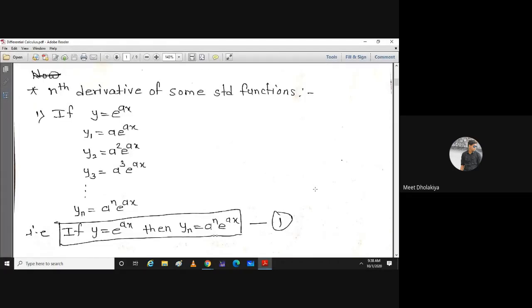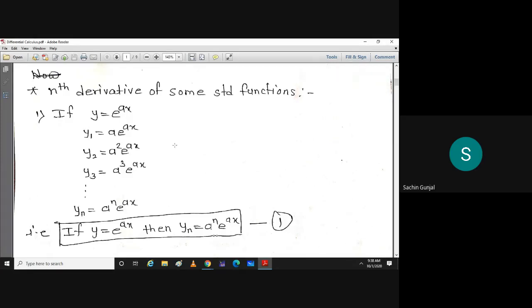Okay. So our target is to get a general formula for the nth derivative of some standard functions and to apply it to get the nth derivative of some function which is not here. Out of which we consider the first example, y is equal to e raised to ax.